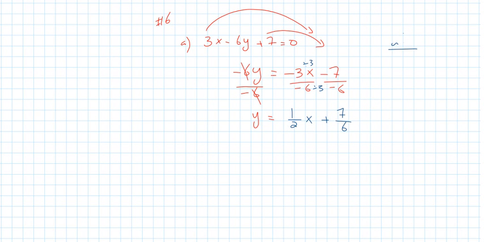Let's do 4 over 12. You're going to say, okay, both of them are divisible by 2, because they're both even numbers. So that's going to be 2 over 6. But I can still divide both of them by 2 again. So that's 1 over 3. So you're going to look for a number that you can divide both terms by.